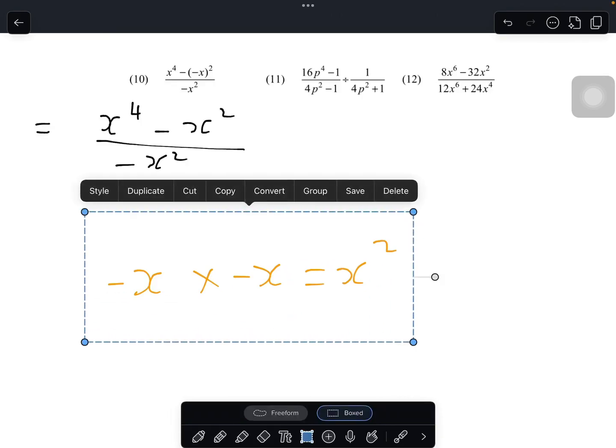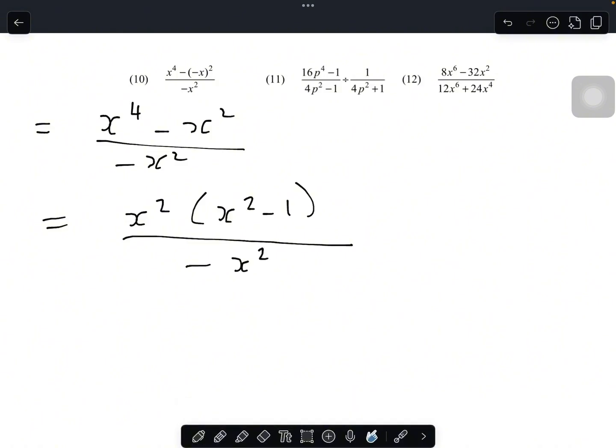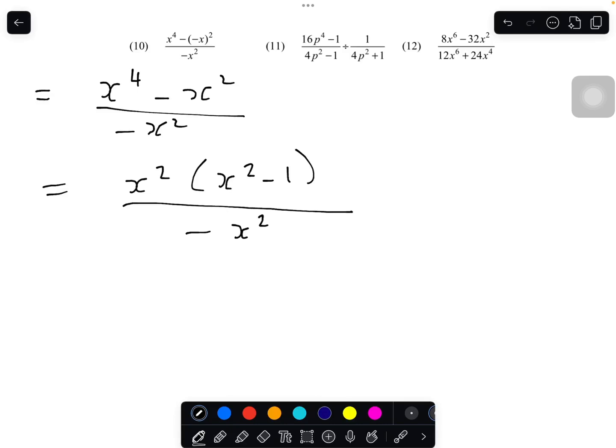We can then look at the top and we can see that we can take a common factor of x squared out. So I have x squared into x squared minus 1, and that is going to be over negative x squared. Now these two x squareds cancel out and I'll be left with negative 1. So if I divide by negative 1, it's the same as multiplying by a negative on the top.